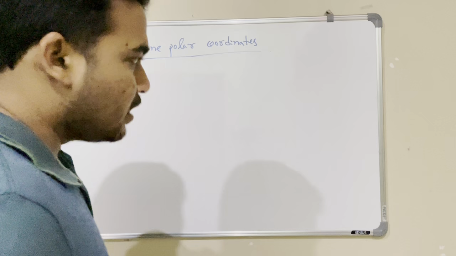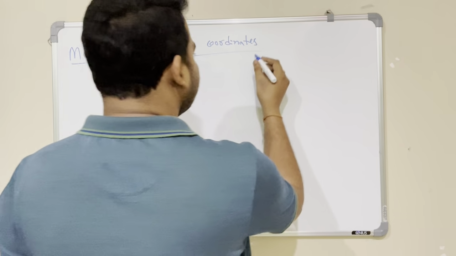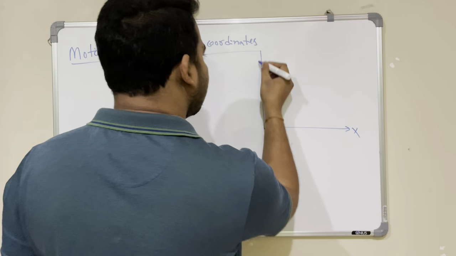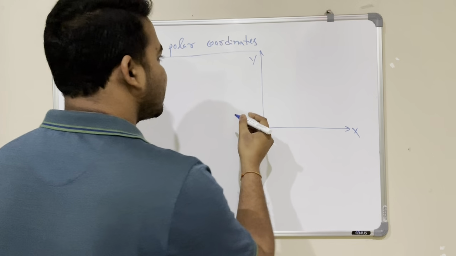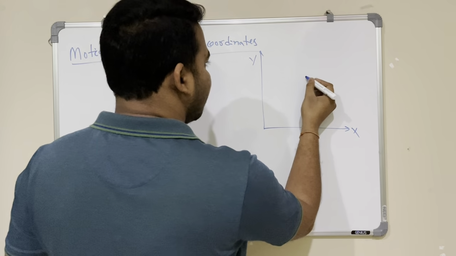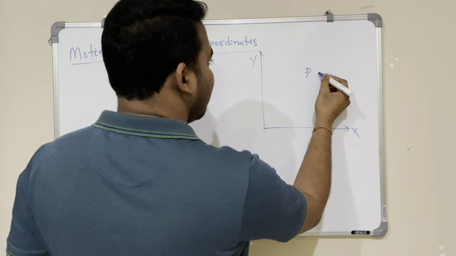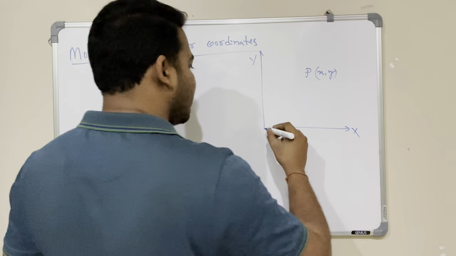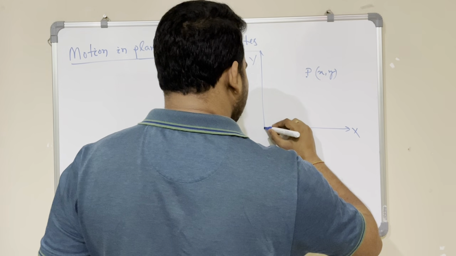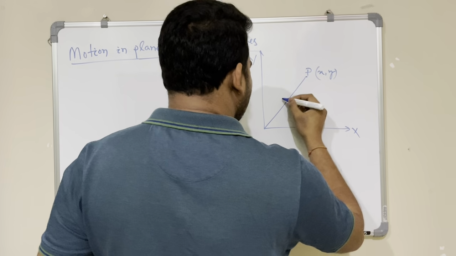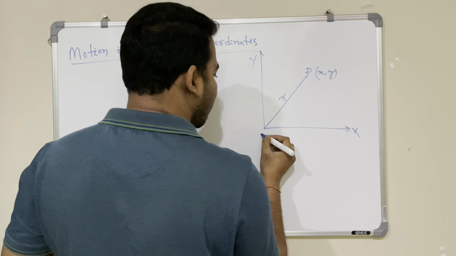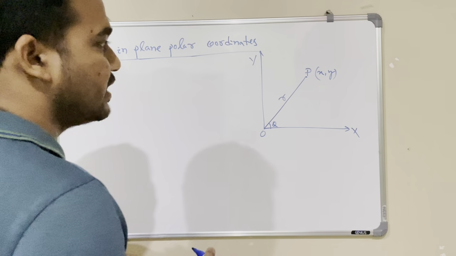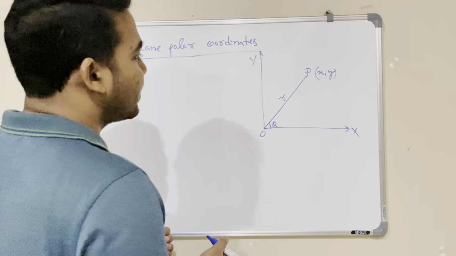Let's say we are confined to the xy plane. Here is the x axis, here is the y axis. Let's say any point is P, and its coordinates in the Cartesian coordinate system are x and y. Let's say the point P is at a distance r from the origin, and theta is the angle it makes with the x-axis.